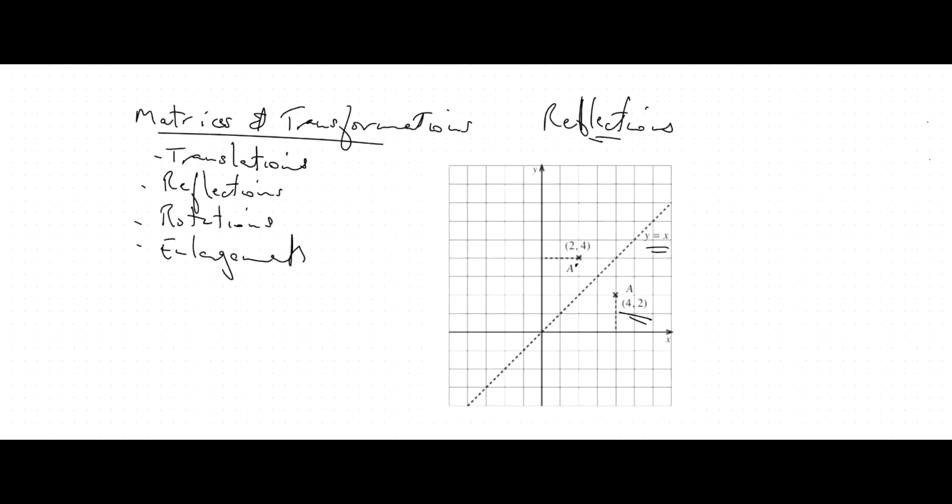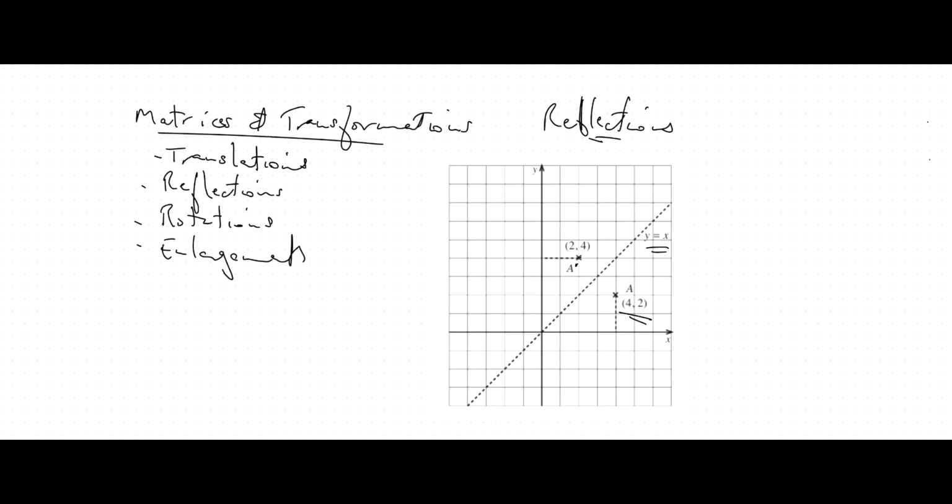Now, yes, there is a geometric construction you can do with compasses, and that would help you to get that image. But there's also a matrix that can effect that transformation, right?